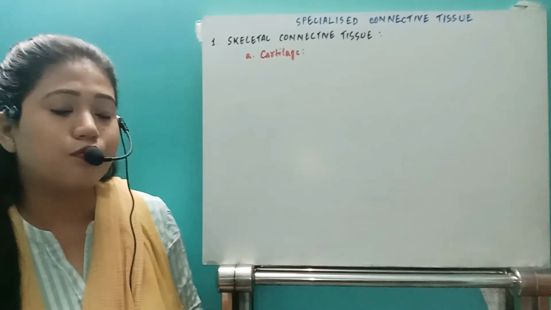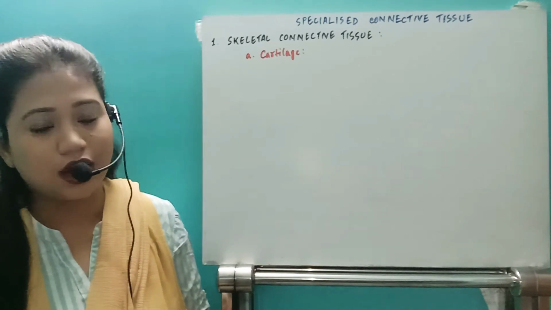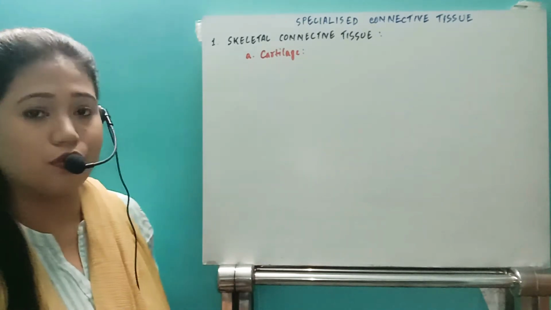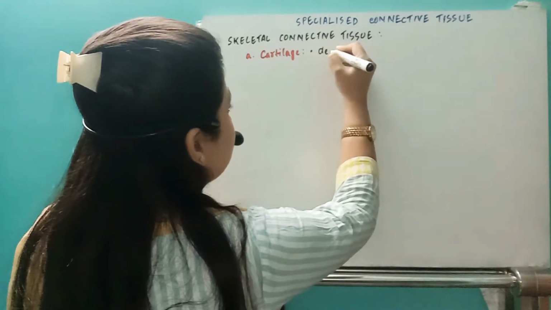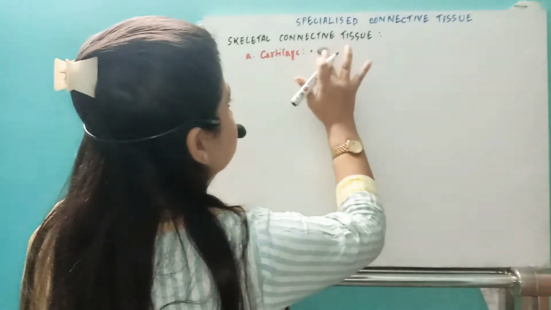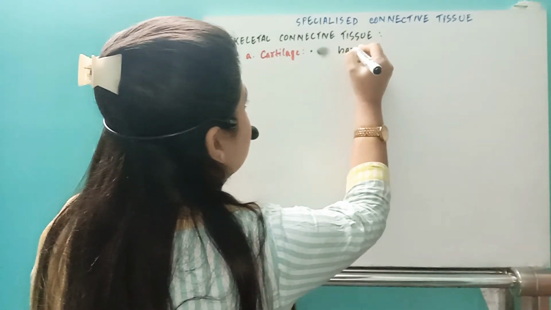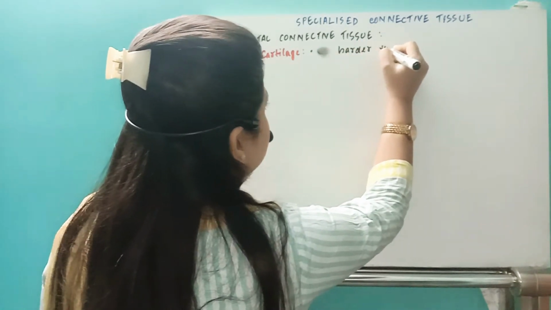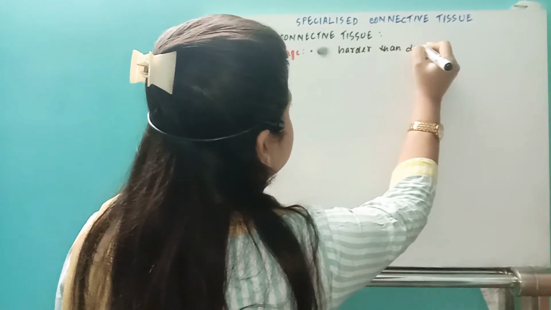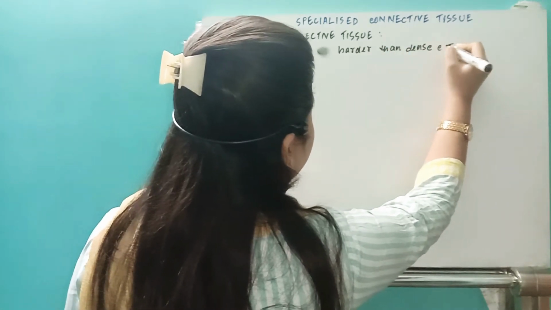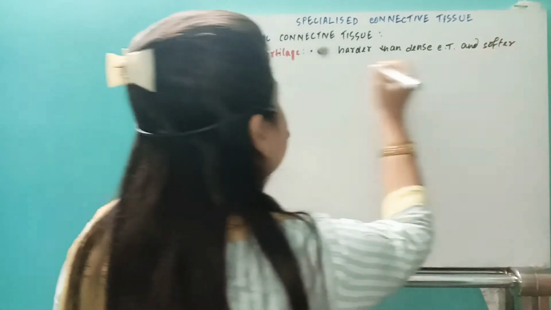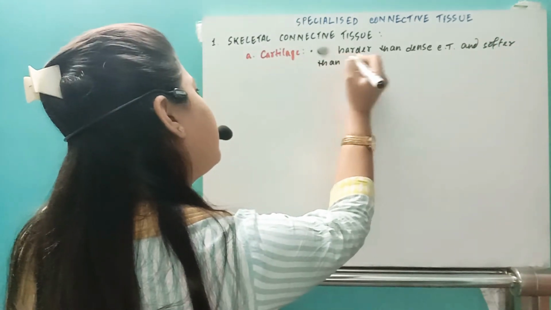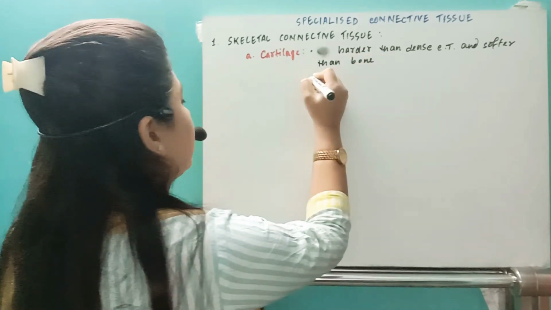So let's move to the structure of the cartilage. First of all, we should know that the cartilage is dense and harder. It is harder than dense connective tissue and softer than bone, right?